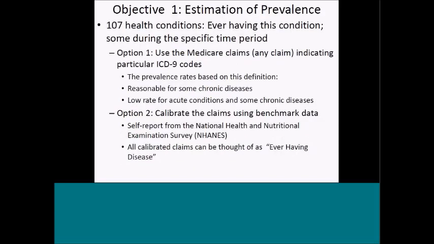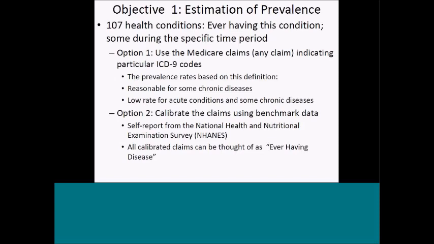So we said, okay, now we need 107 dummy variables. One option is to use the Medicare claims, where any claim indicating a particular ICD-9 code would define what that dummy variable would be.